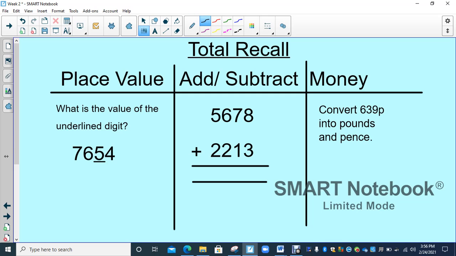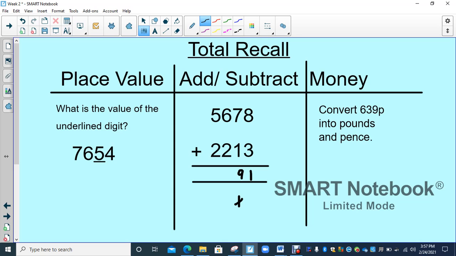Okay, and then we've got column addition. So remembering that for this one, I know that we will need to exchange. So let's start in the ones column, as always. 8 add 3 equals 11. So I need my 1 there, and then my tower of 10 moved over underneath. Then I've got 7 add 1 equals 8. Add this additional 1 here, and that equals 9.